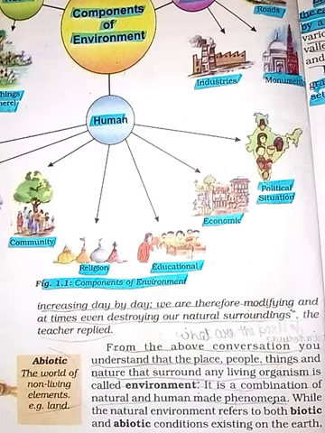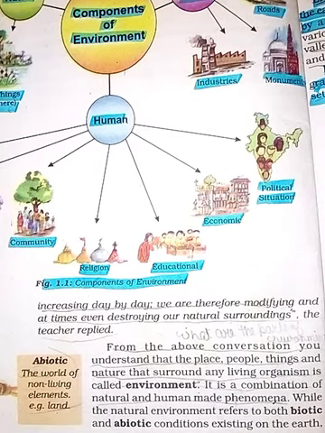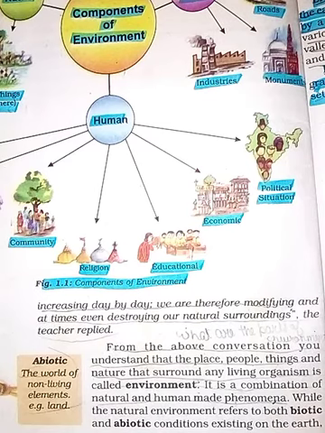From the above conversation, you understand that the place, people, things, and nature that surround any living organism is called environment. It is a combination of natural and human-made phenomena. While the natural environment refers to both biotic and abiotic conditions existing on the earth.